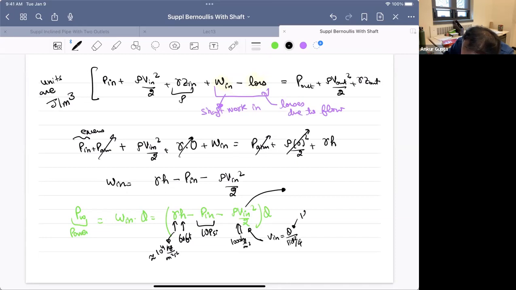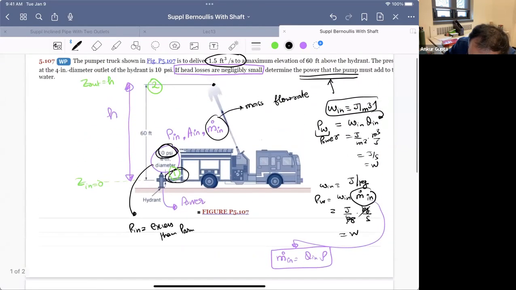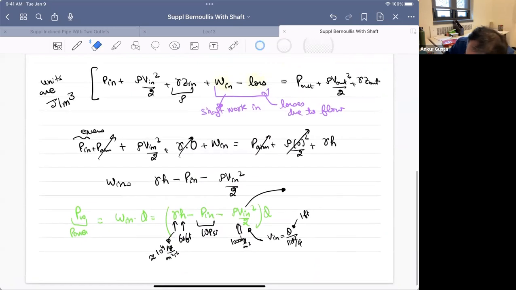Q has been given to be 1.5 feet cube per second, I believe. D is 4 inches. And Q is again 1.5 feet cube per second. That's it. Okay.